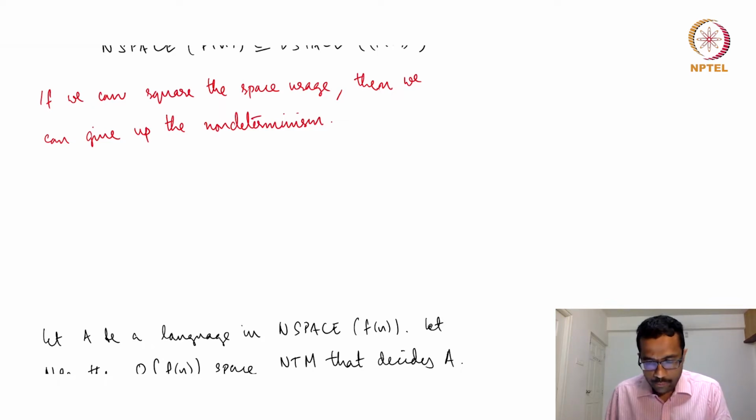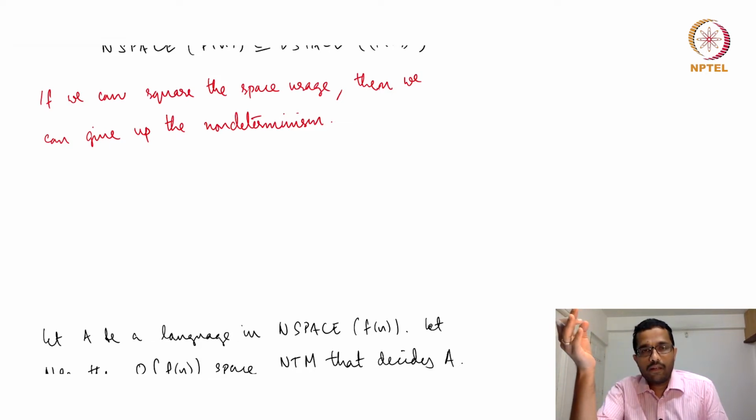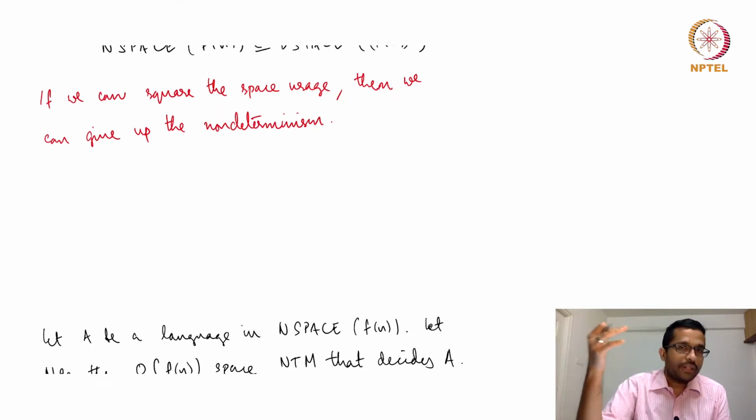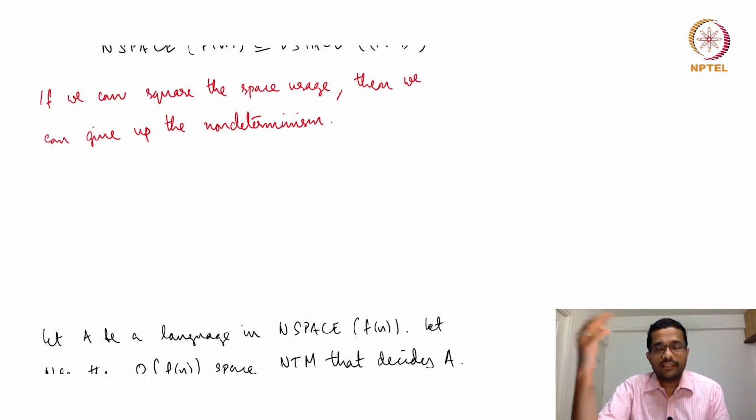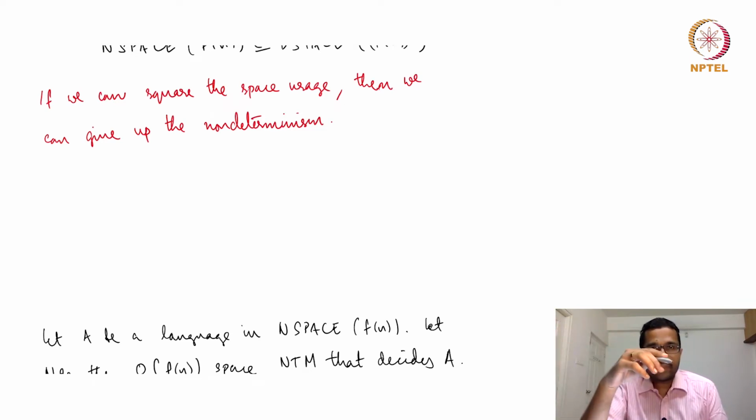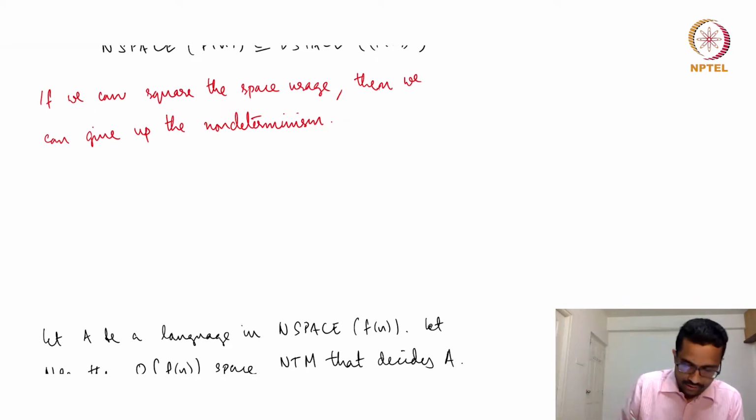Suppose there is a language that is decidable by a non-deterministic Turing machine. We already saw that to simulate this non-deterministic Turing machine, all we need to do is check whether there is a path from the starting configuration to the accepting configuration.